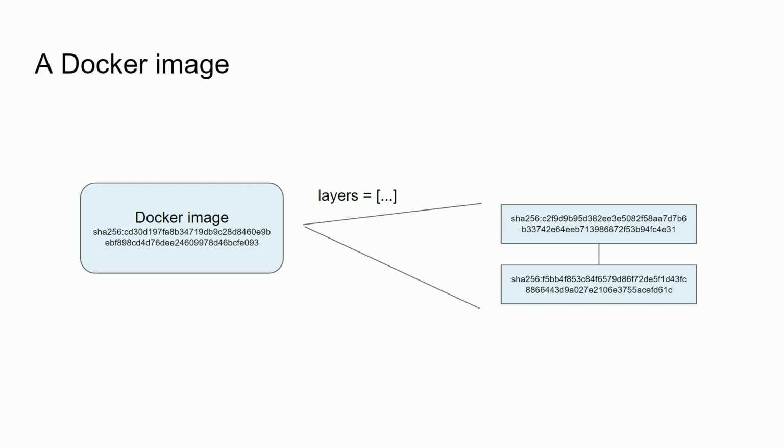Now, we saw how this layering concept lets us start containers quickly by mixing read-only and read-write layers. But it turns out there's another big advantage to using this layering concept. There are many cases where multiple containers and images will share layers, which means that the shared layers only have to be downloaded once for all of those images.